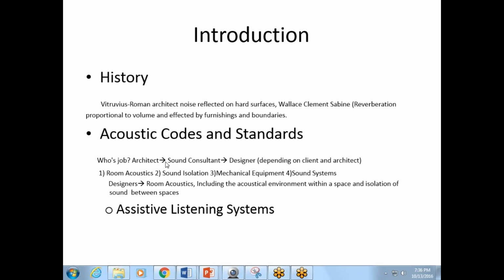So starting with the architect, he is usually the source. He's assigning what materials he wants to use to build, and then he will hire in a sound consultant, and at that point the sound consultant will offer him certain opportunities or different types of materials to go over the actual architectural materials.